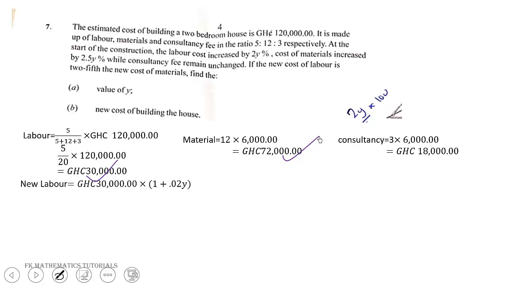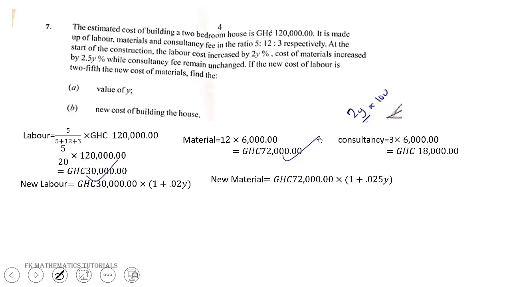So we find 2y and add it to 100%, and that should be multiplied by the cost of labor to get the new cost for labor. Then the same thing applies to material. It also increased by 2.5y%. So we add that percentage to 100% and multiply it by the cost, 72,000. That will give us a new cost.